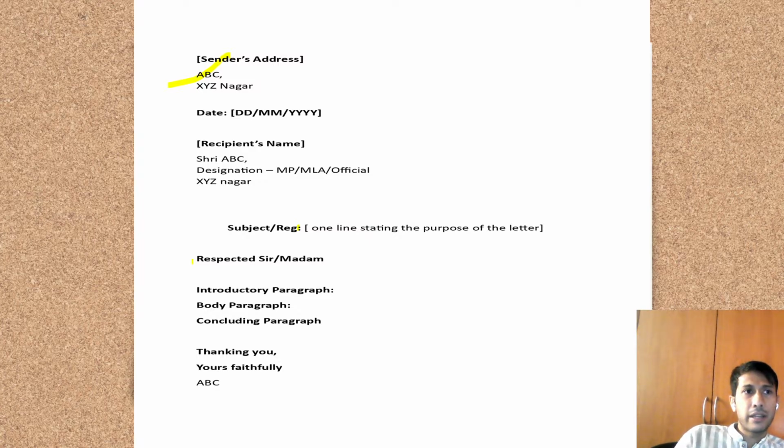And the concluding paragraph: I hope that you shed light on this matter in your XYZ newspaper so that a common man's grievance is effectively addressed by the police department. Same.